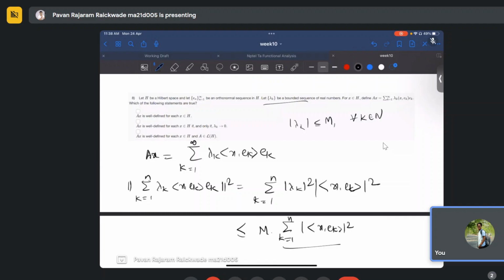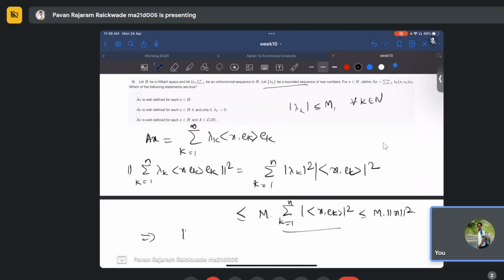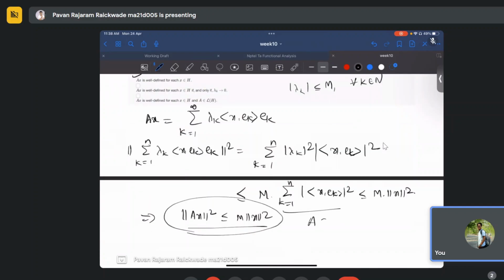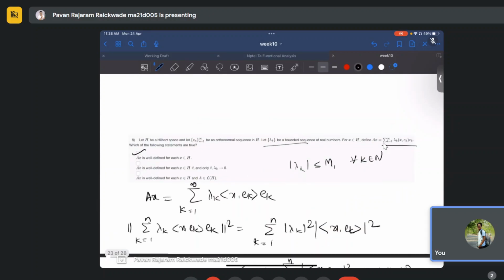By Bessel's inequality, this is less than or equal to M times norm x squared. So norm Ax squared is well defined and less than or equal to M times norm x squared. So A is well defined because the series converges, and A is also bounded. Linearity follows easily; you can check the linearity.